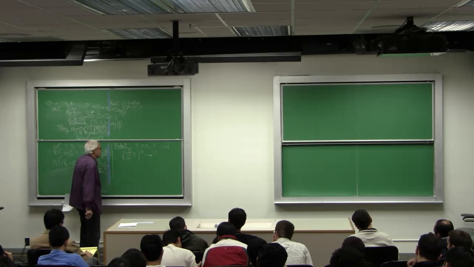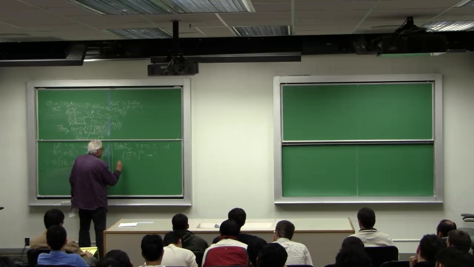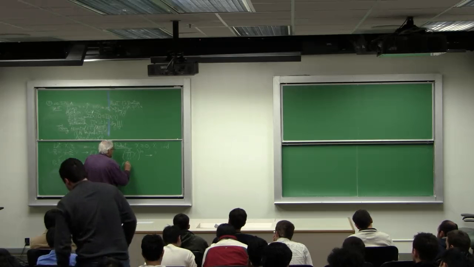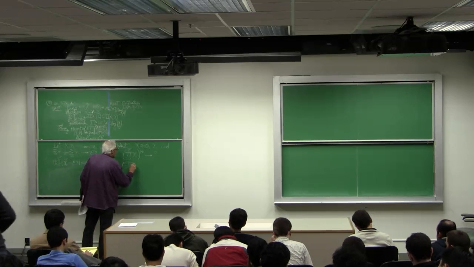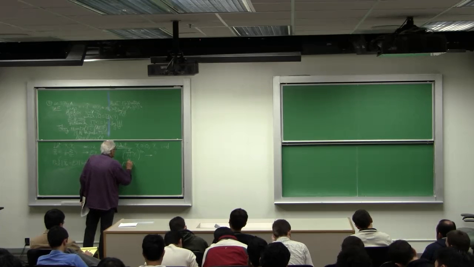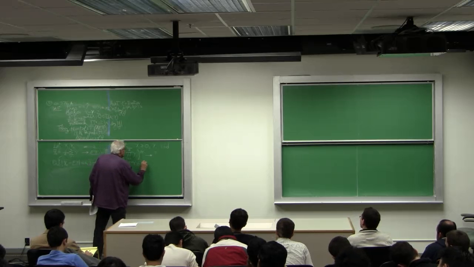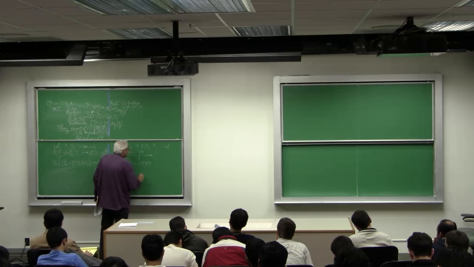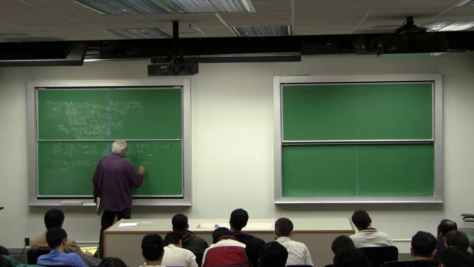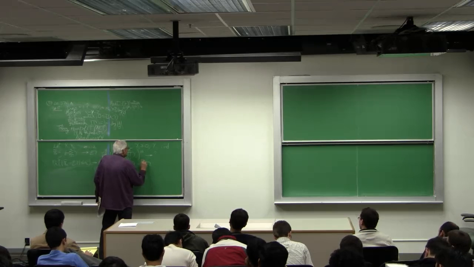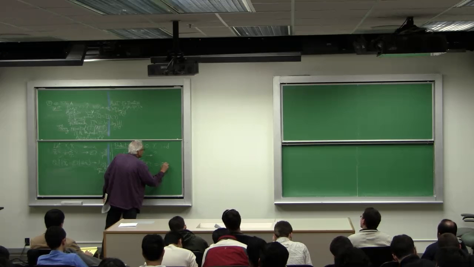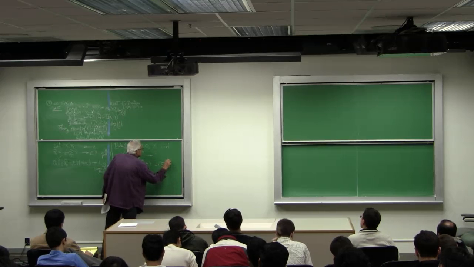Well, the first attempt at this is the expected value of the product of Yi from 1 to n is the product of the expected value of Yi, i equals 1 to n, which is the expected value of Y to the nth power.